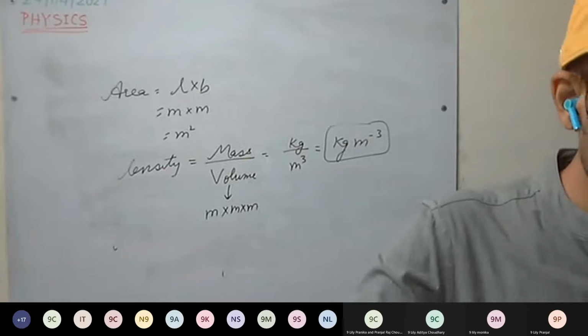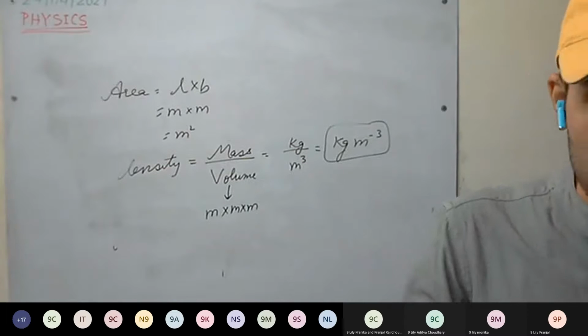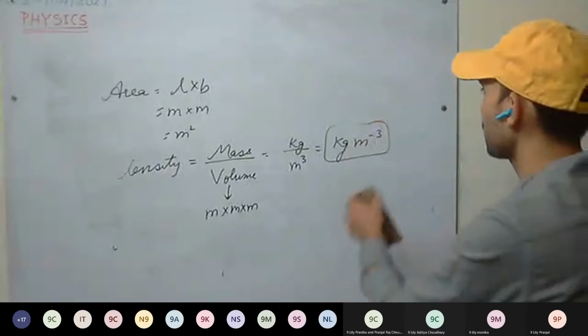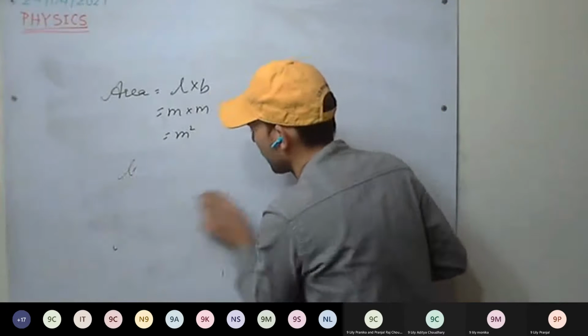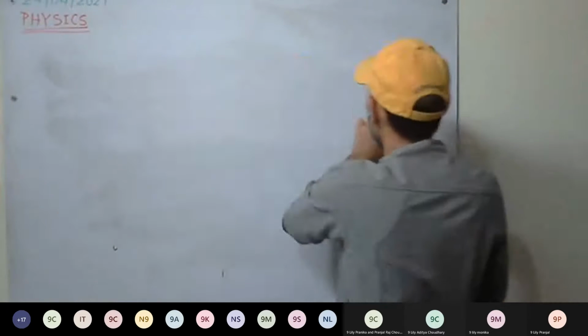Now we discuss guidelines for writing the units. What guidelines must we follow while writing the units? The first one, read.